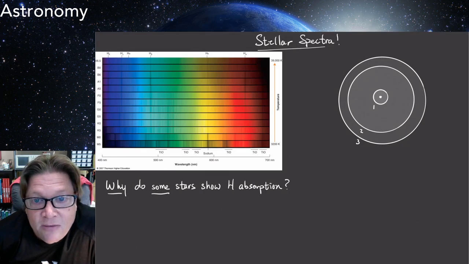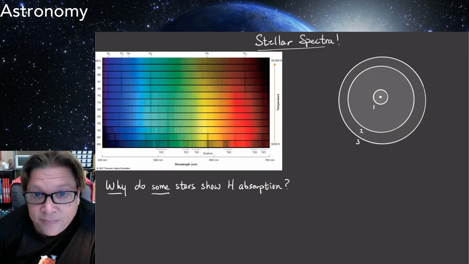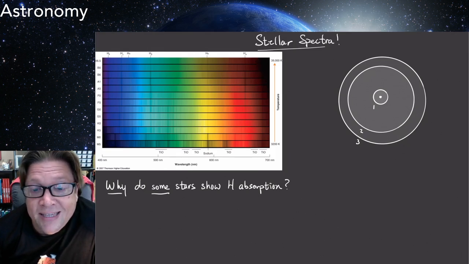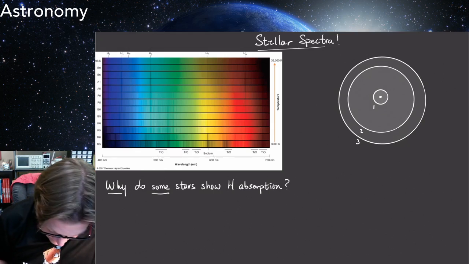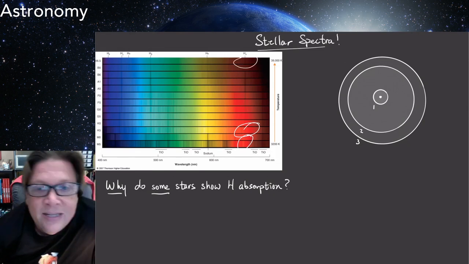Because when we look at the spectra of stars, some stars show these hydrogen absorption lines and some don't. And the key thing to take away from that is just because an absorption line doesn't show up, like down here, look at this guy. Look at the K stars and the M stars, and up here the O stars.